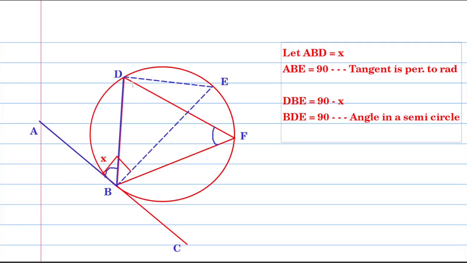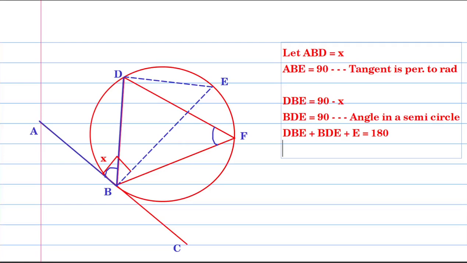So if this is 90, what's the value of angle E? Let's try to write everything down. Angle DBE plus angle BDE plus angle E. It's a long way. This is 180 degrees, the sum of the interior angles in a triangle.